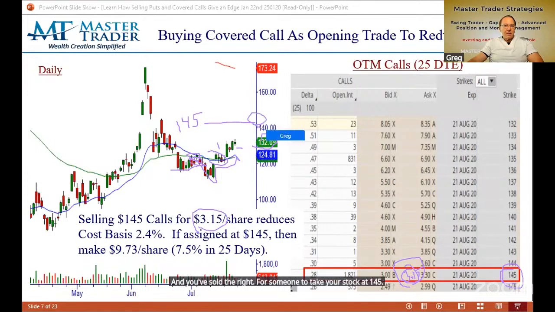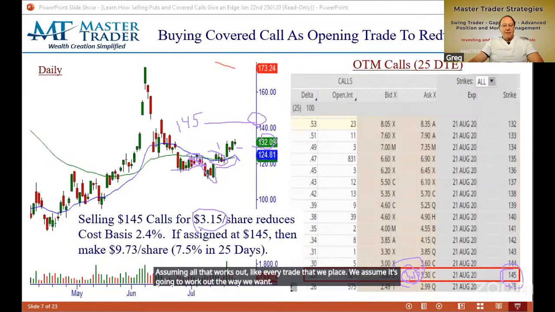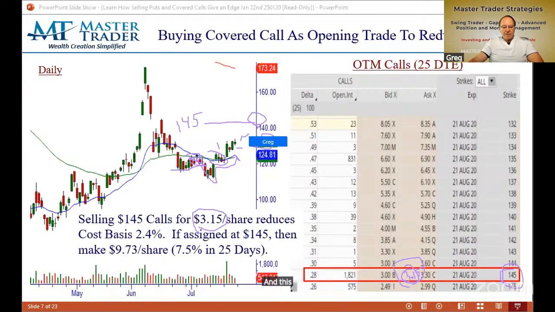Assuming all that works out, like every trade that we place, we assume it's going to work out the way we want. And this goes up. They're going to take that stock at 145. And if it does nothing, where is the time to expiration? 25 days.